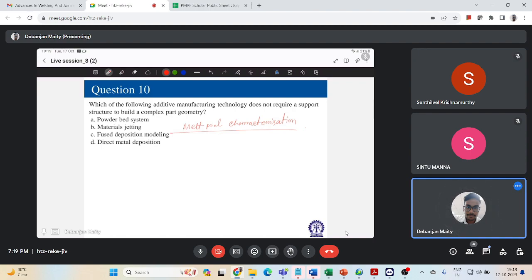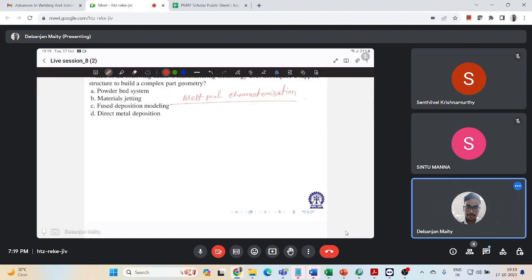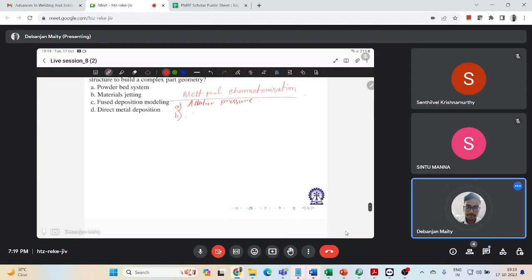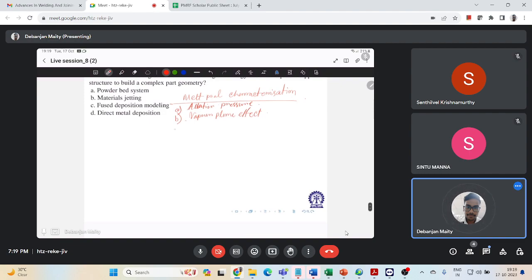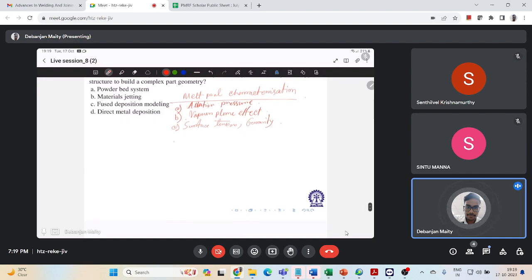Now, the melt pool characteristics are defined by numerous physical phenomena. What are those? If you are thinking in terms of laser welding, you will have ablation pressure, vapor film effect, then we have surface tension, gravity, then you have Marangoni turbulence, recoil pressure.